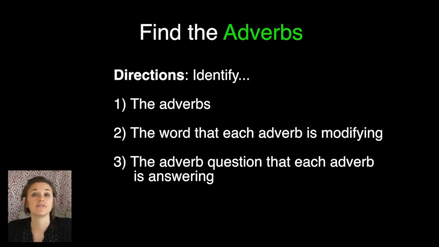Then you can find the adverbs a little bit more easily. So first find the subjects, the verbs, then the adjectives, and then the adverbs. Do not worry about diagramming these sentences because we haven't learned how to diagram everything in them yet. We're just focusing on finding the adverbs.